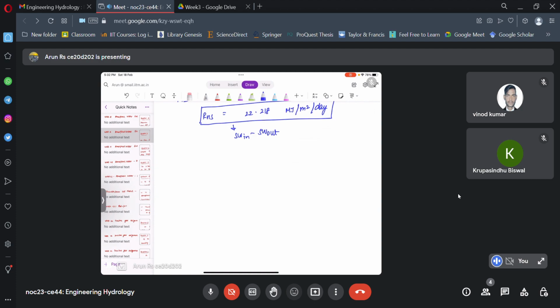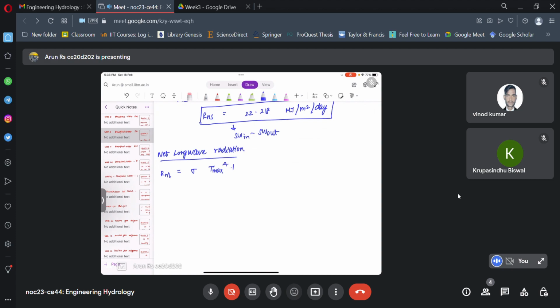So the next parameter is the net long wave radiation, represented by RNL. It's a bit lengthy expression, you would have seen it in the lecture also. Sigma is the Stefan Boltzmann constant.